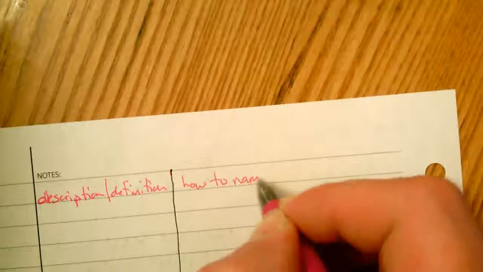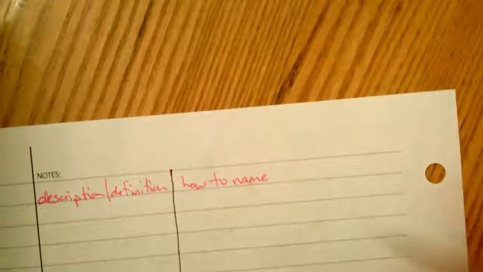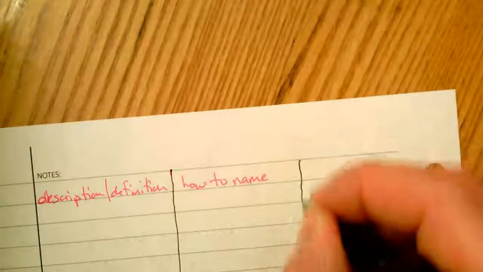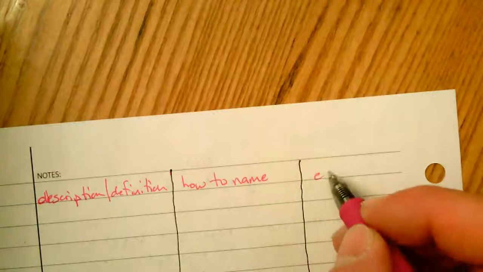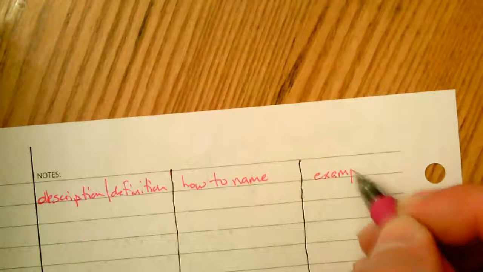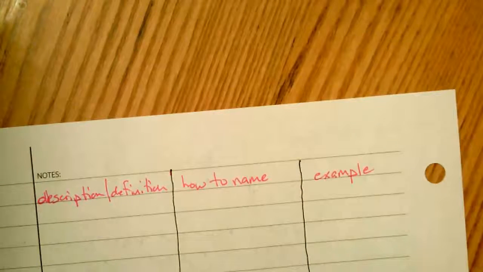Okay, all the way down. We have how to name. Okay. And then we have example. Alright, so next up we have a ray.